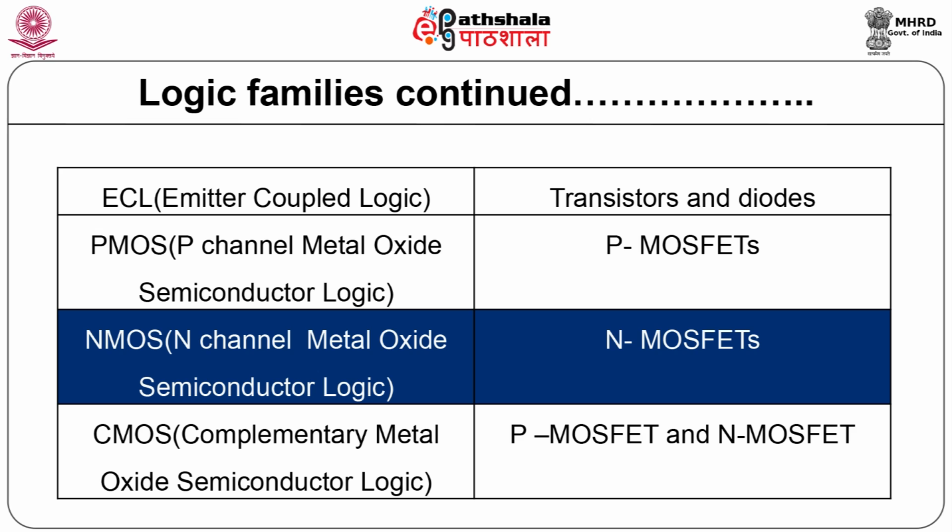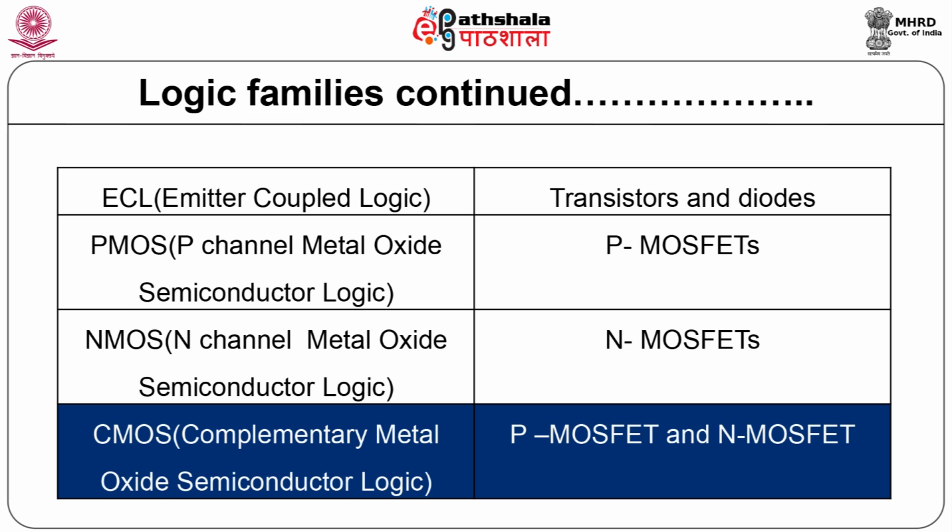NMOS uses N channel MOSFETs. And CMOS is the combination of P and N MOSFETs. So, both the components are used during the fabrication, that is P MOSFET and N MOSFET.